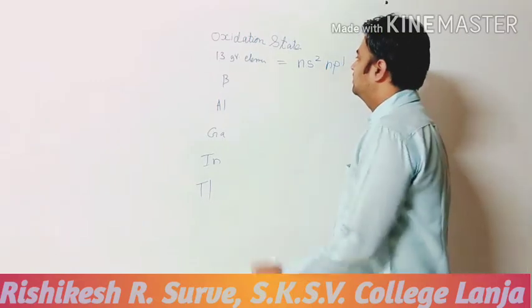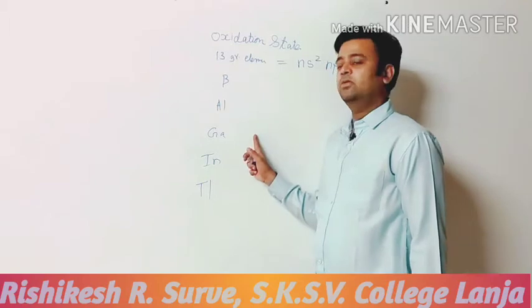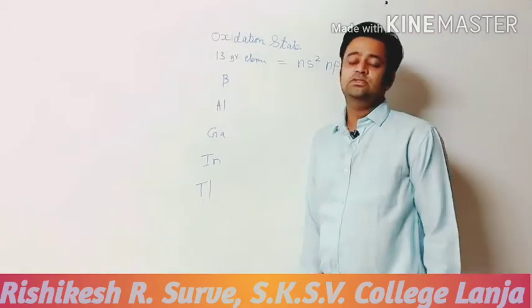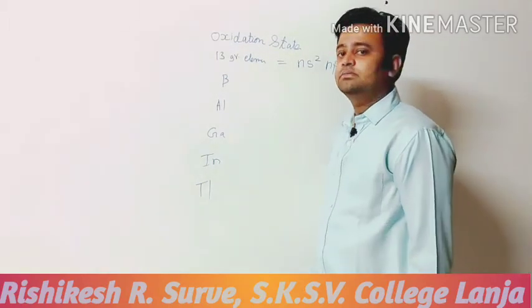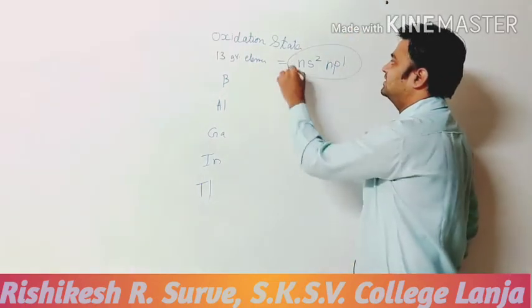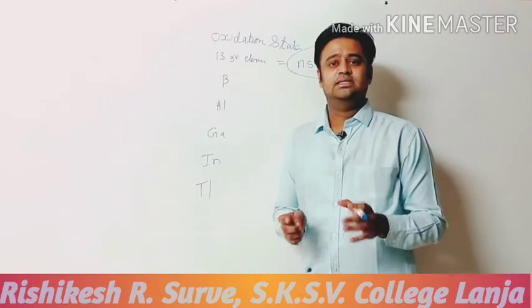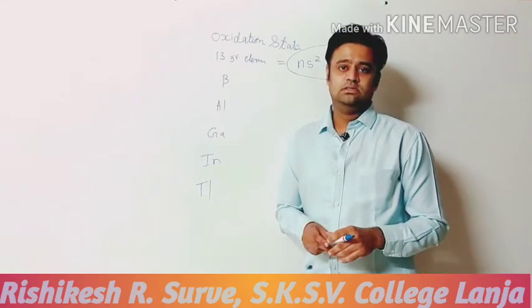Means here 2s2 2p1, 3s2 3p1, 4s2 4p1, 5s2 5p1, and 6s2 6p1. And these are the valence electrons. These are the characteristic electrons.